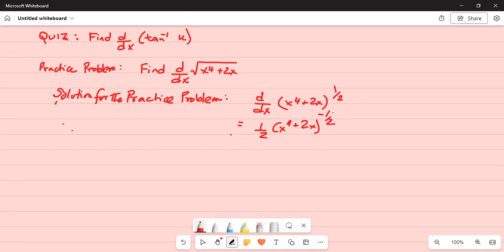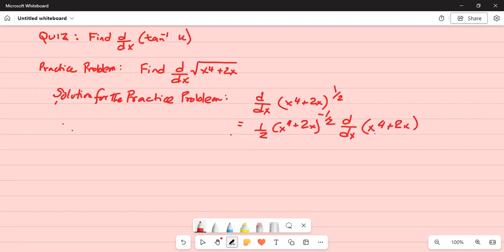This minus half exponent comes because when we take the derivative, it is exponent minus 1. And then we have to do the derivative with respect to x of x^4 plus 2x.